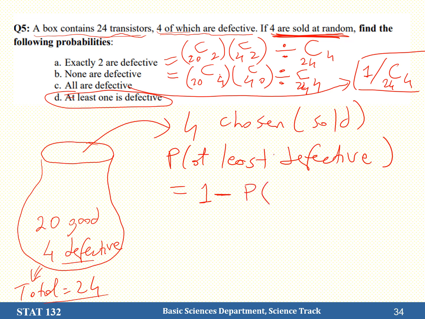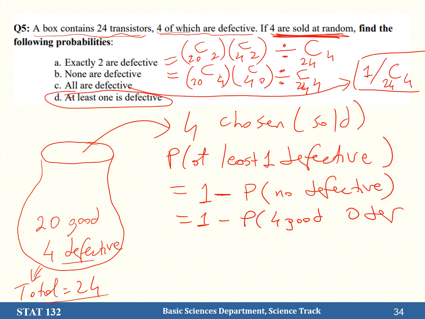So it's at least 1 defective, which is just the opposite of no defective. And no defective means 4 good and 0 defective. So what does this mean? You choose 4 from 20 and 0 from defectives.